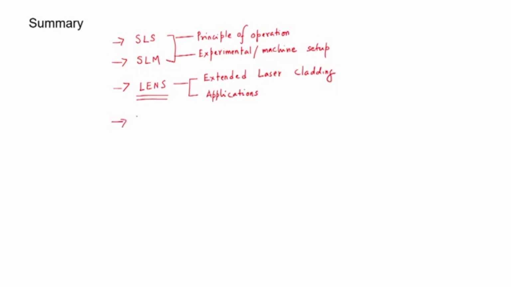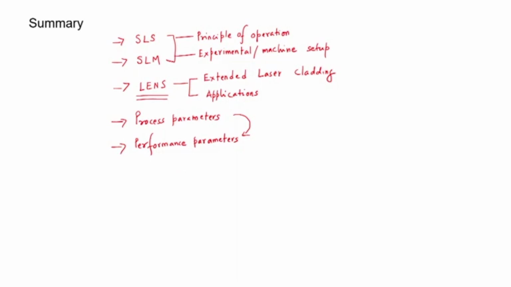Then we have also seen various process parameters used in additive manufacturing. We have also studied the performance parameters such as build rate, feature quality and the layer thickness, and the effect of process parameters on the performance parameters.